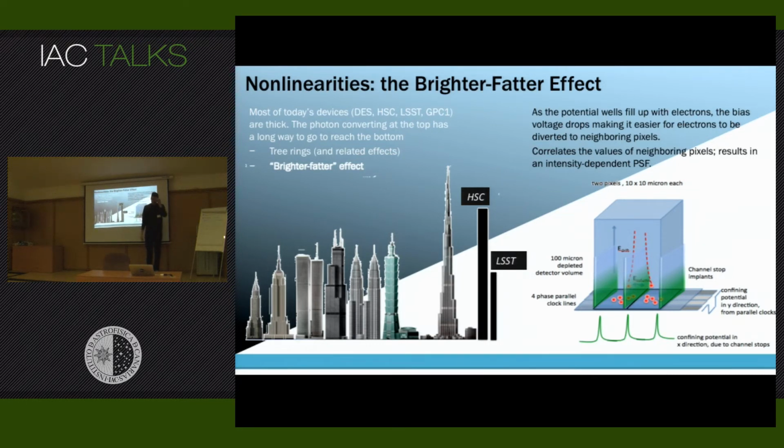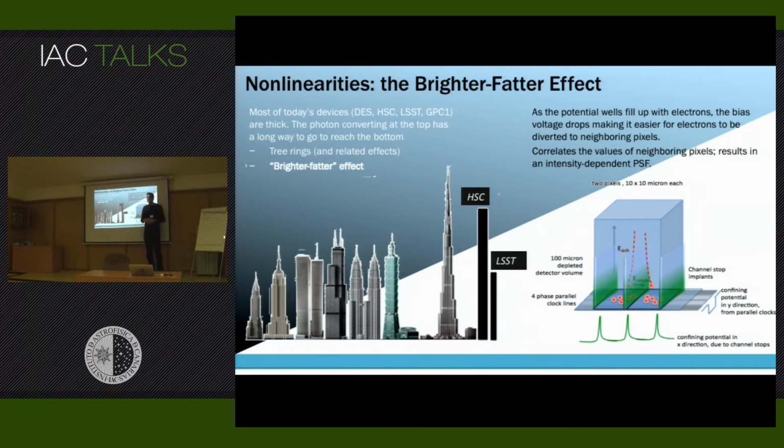Another thing that can happen, which also wasn't quite understood until recently, is what happens when you start filling up this pixel. Each pixel can contain on the order of a couple hundred thousand electrons before it gets overfilled and saturates. We know what saturation is. That's when you get those nasty spikes in the image, and that usually ruins your day and all the objects that are underneath the spike.